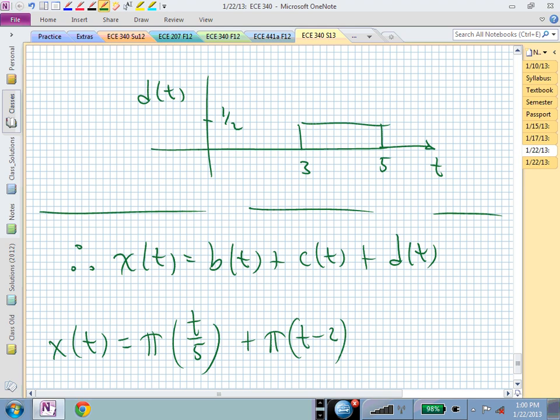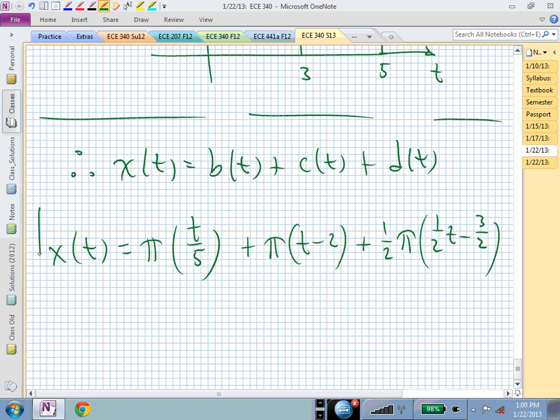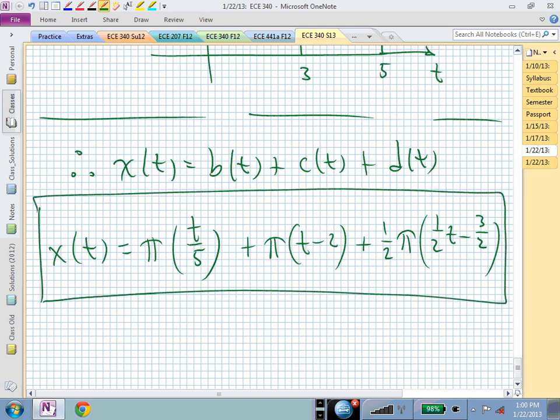That's just stretching that unit pulse into a width of 5. Pi of t minus 2 gives us the same 1 unit width, but it delays it by 2 units of time. And finally, we just found d of t to be 1/2 pi of 1/2 t minus 3/2. If somebody wanted x in terms of pi's, now we have it.